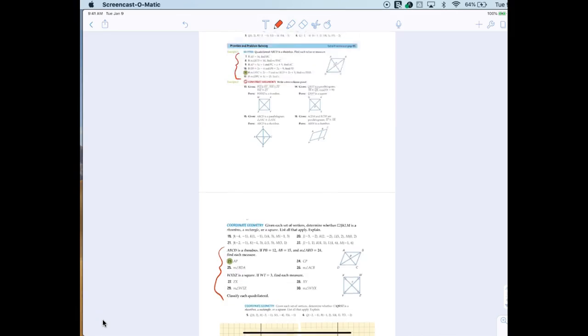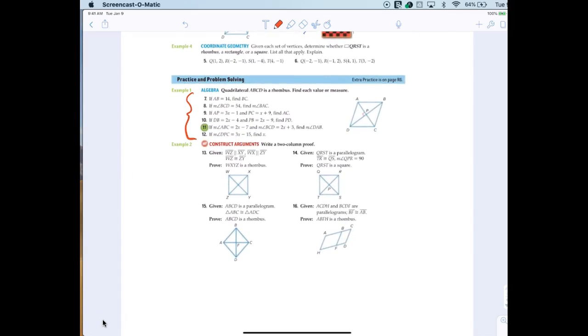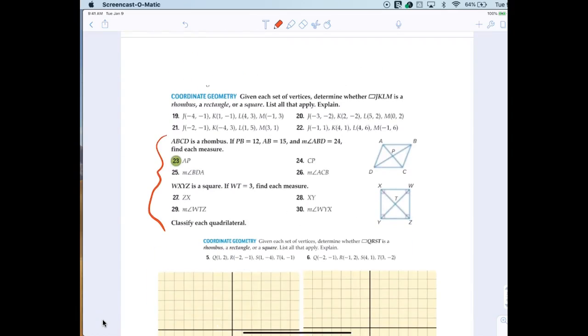So I want you to do tonight, which is just the algebra, 7 through 12 and 23 through 30. And then the other stuff will come back to class and I'll do that. Is everybody okay with that? All right, so this is a 2-day event. I thought it would be a 1, but it'll be a 2-day event. So we'll finish up tomorrow. And then the next lesson is a 2-day event also. And then we'll be ready to review.